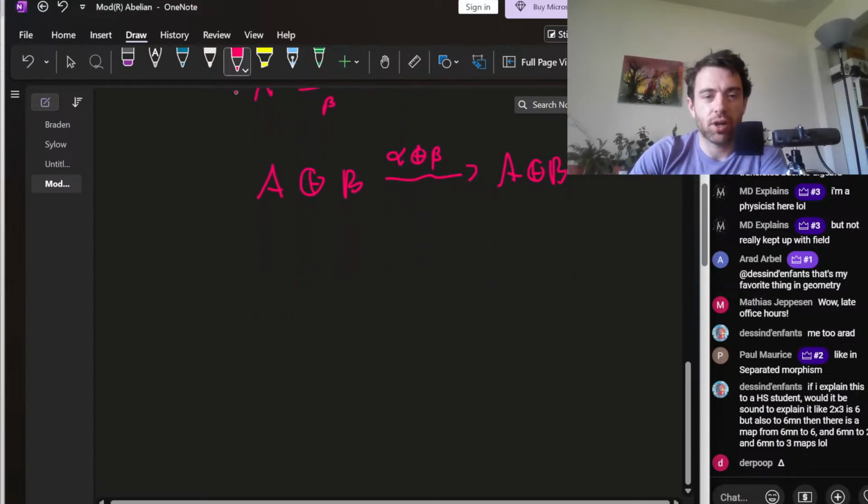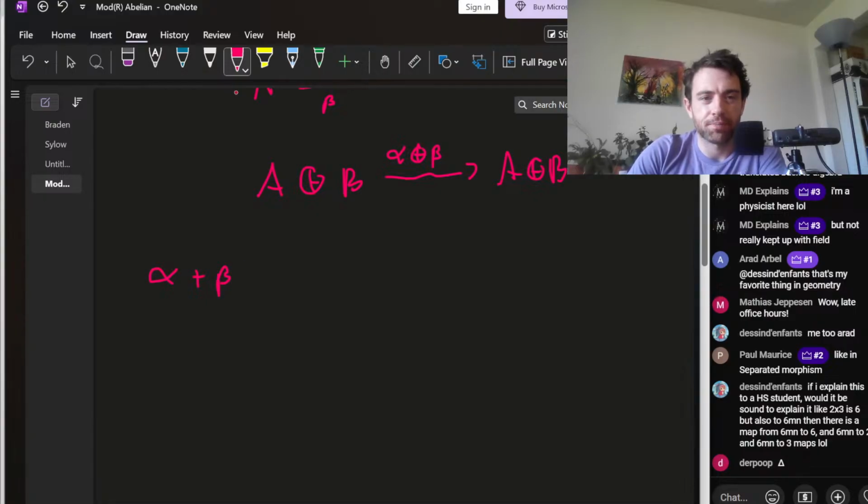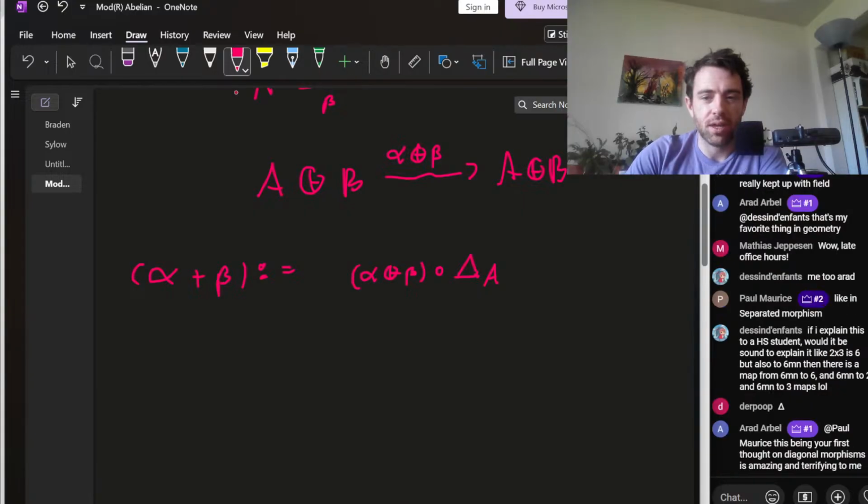And then we define the addition of alpha and beta to be: first apply the diagonal map of A, then apply alpha sum beta, and then apply the codiagonal map into B.